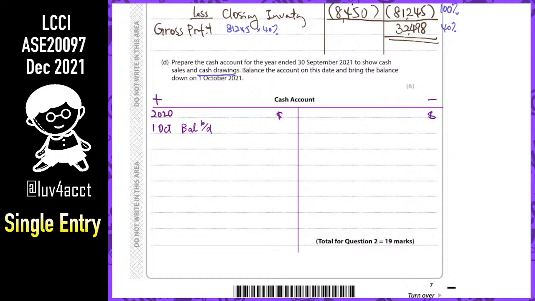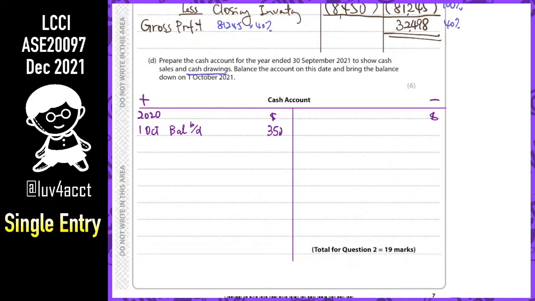So we have the opening balance, but I remember 350, so I put it first. Everything else happens on the last day. Cash sales. What else do I have?